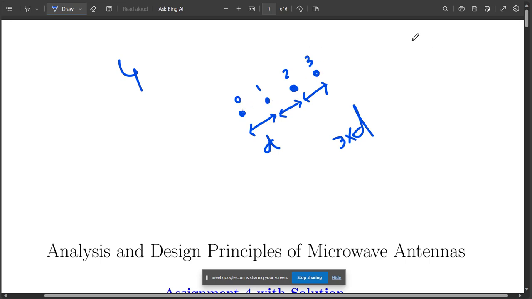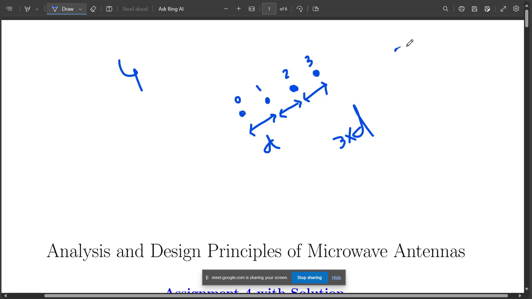Now if n is equal to 3, and it is given that the last element is kept at 3, you will be able to understand how many elements are there.